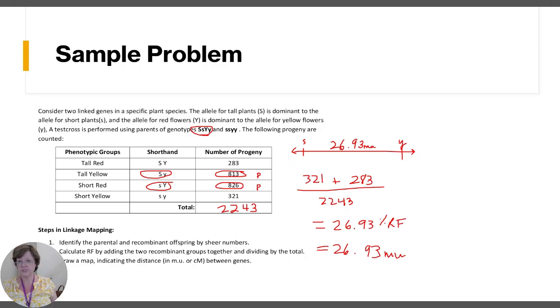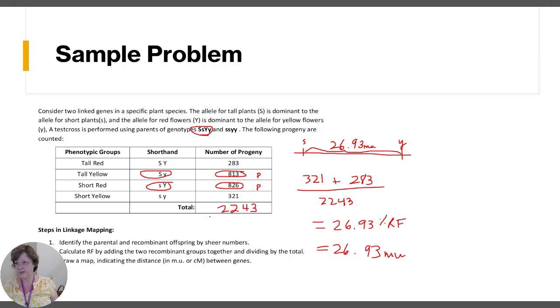Actually, I probably should have done not arrows there, but rather just a straight line representing the chromosome. And then the brackets can be right here. So from S to Y is 26.93 map units.